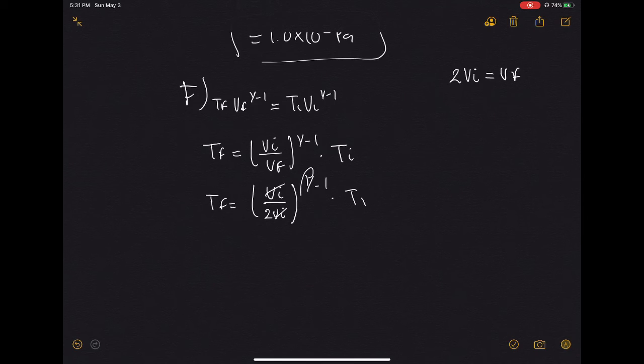Now we have to find gamma. We know that gamma is equal to Cp over Cv.